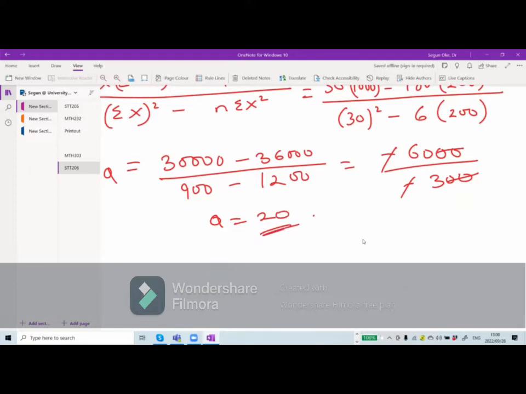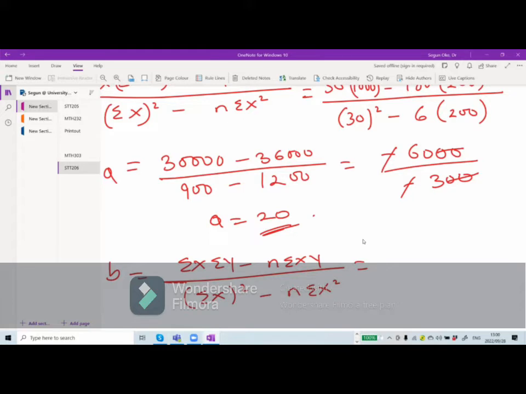Okay. So let's calculate the B. B equals summation X summation Y minus summation X times summation XY, divided by summation X all squared minus n summation X all squared. So let's substitute it.